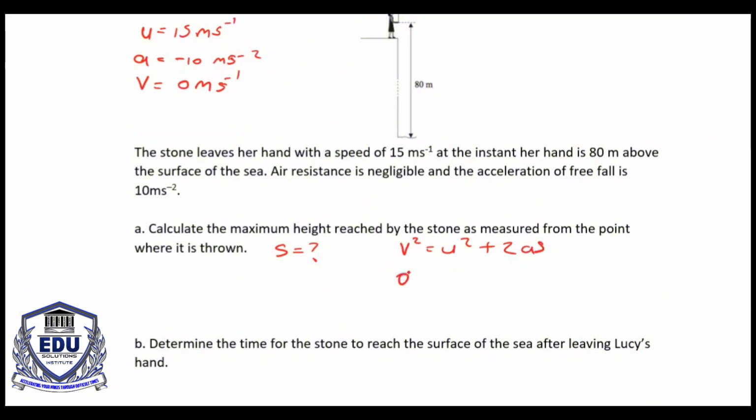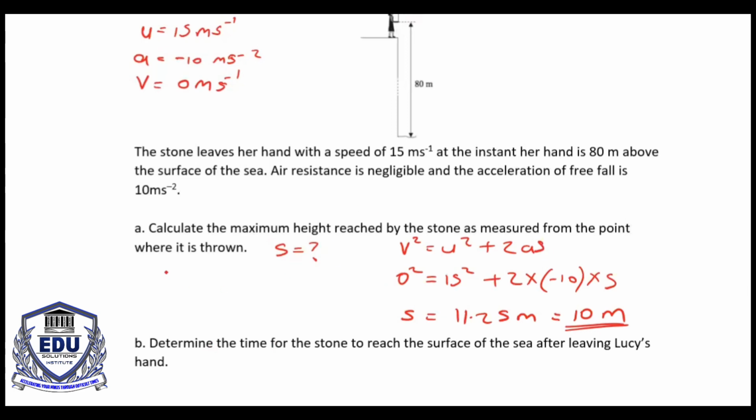So we put in V, which is 0 squared, U, which is 15 squared, plus 2 times A, which is negative 10, multiplied by S. When we put that in your calculator, we will get an answer of 11.25 meters. And we always use the smallest significant figure from the given values, which would be 10, which is 1 sig fig. So therefore, we round this off to 10 meters.